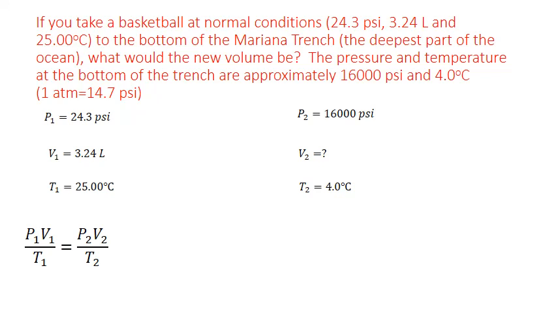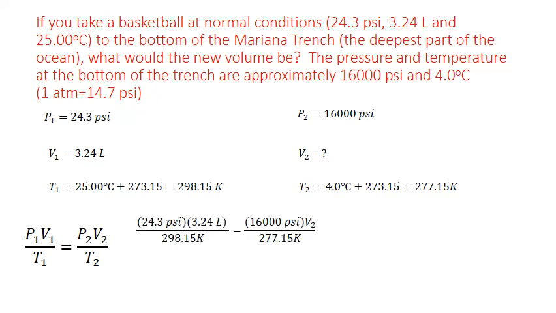The only unit that we really have to be concerned about is temperature. Temperature always must be in Kelvin to use the gas laws. So we do have to add 273.15 to both of these temperature values, and that's what we'll put into our denominators. So we substitute in what we have, and we want to solve for V2.